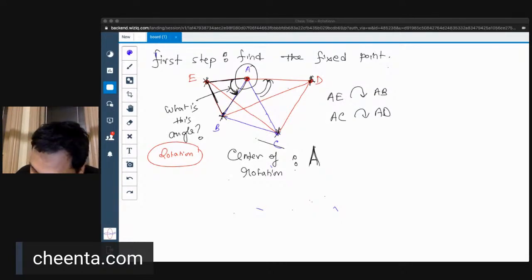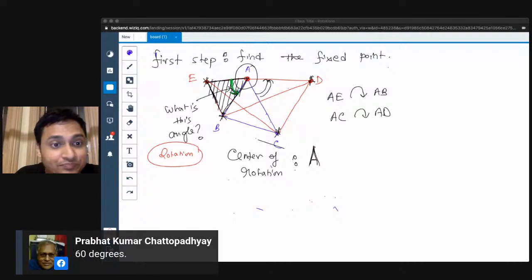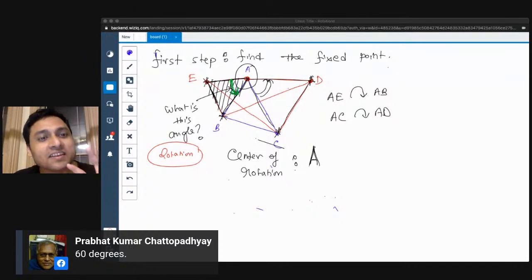This black thing is also an equilateral triangle, so this red angle is also known to you, and both of these angles are 60 degrees. Since both of these angles are 60 degrees, your rotation must be through 60 degrees. It's a 60 degree rotation about the point A.